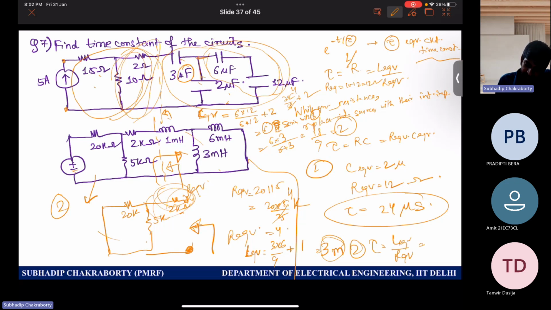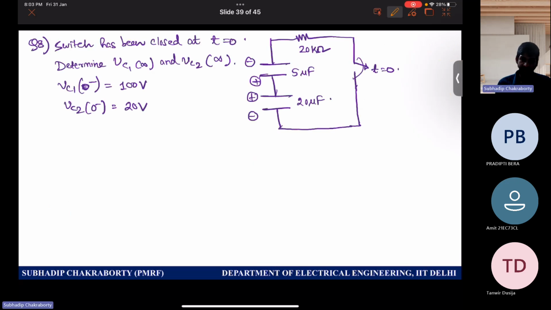So L equivalent is in milli and R equivalent is in kilo. Okay, 3 and this is 4. So 0.75 microsecond. So these are the ways you can determine the equivalent time constant. So now do this problem.